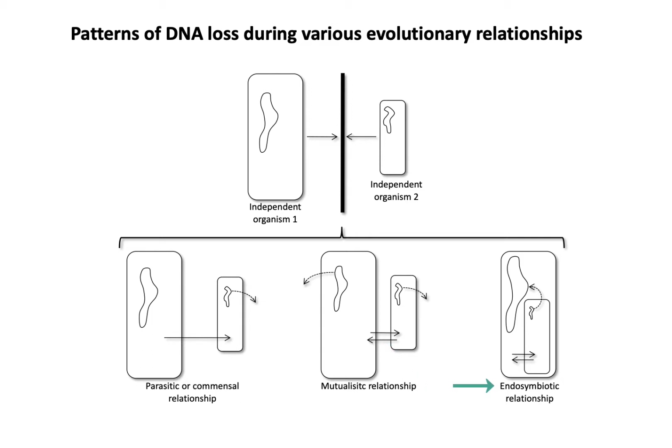And then when you get to an endosymbiotic relationship, including organelles, it's somewhat different in that the endosymbiont tends to lose genes, and the main organism picks those up. The main genome of the host organism may also lose a few gene sequences that are supplied by the endosymbiont as well.